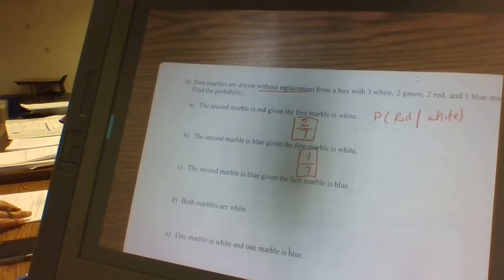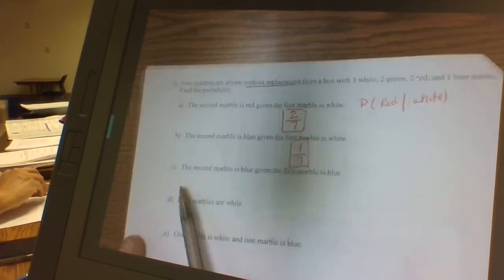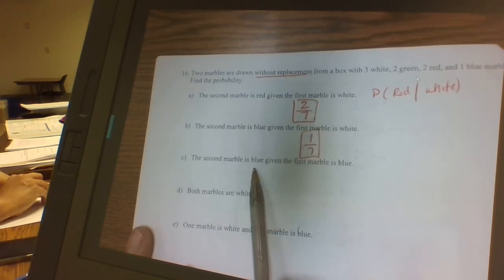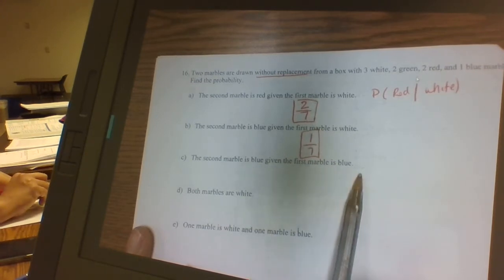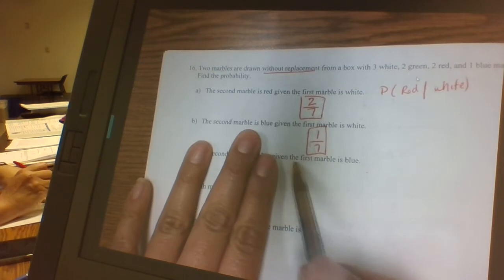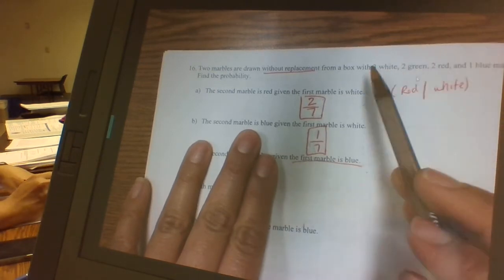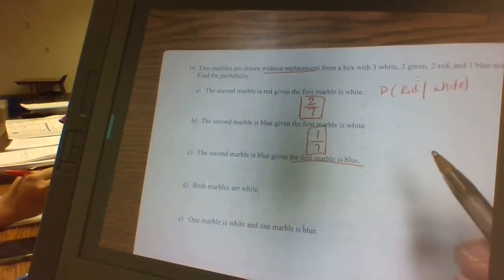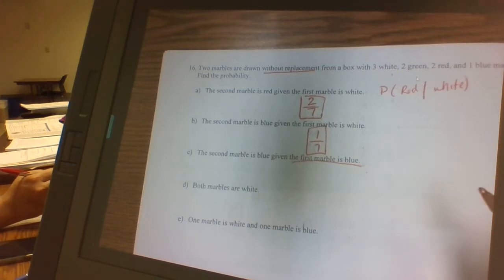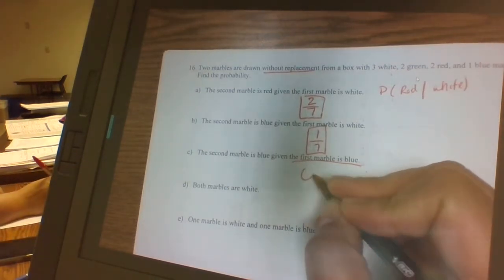Very good. What is the probability that the second marble is blue, given that the first one is blue? First we need to make this happen: 1 out of 8. And if there's only 1 blue and you already took it out at the beginning, can you do it again? No. So this one's going to be 0.